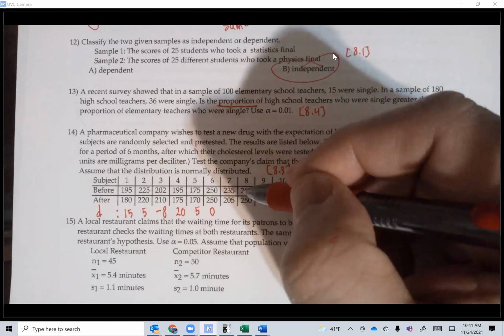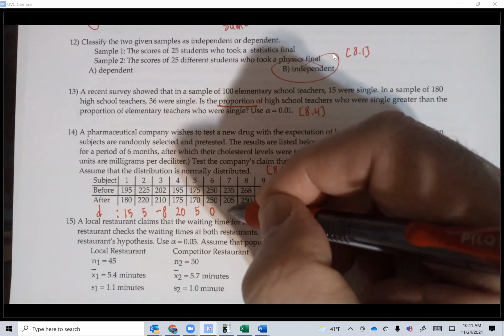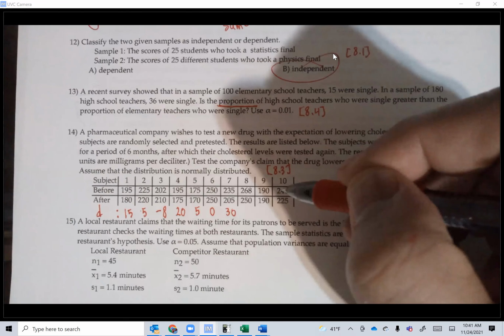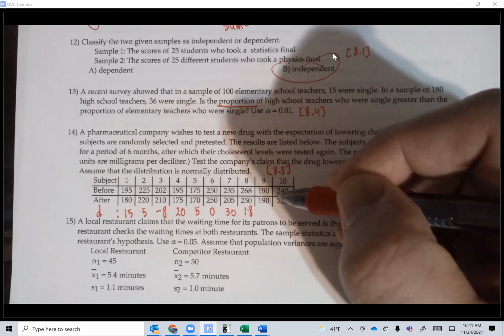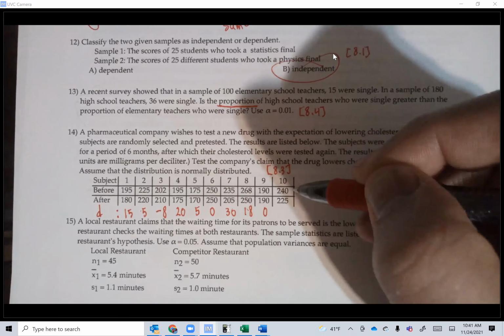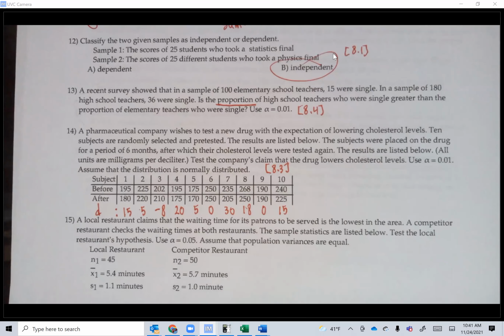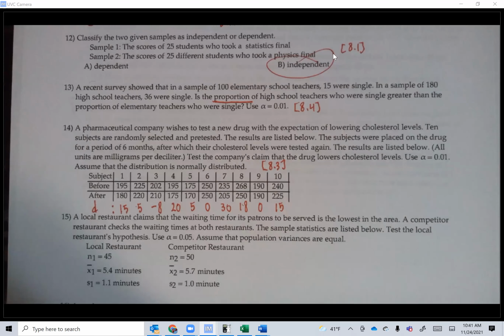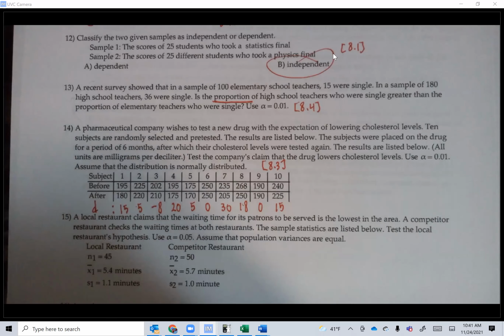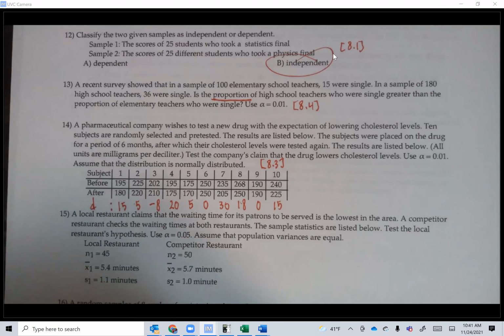That's a 0. That's a 30. That's an 18. That's a 0. And that's a 15. What's the dominant sign, guys, here? Is it the positive or the negative? Positive.